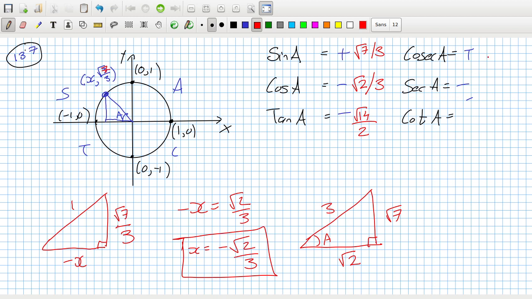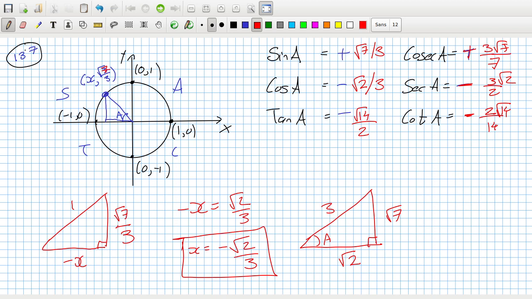And then here, that would be positive 3 over root 7, but we multiply above and below by root 7, so that would be 3 root 7 over 7. This would be negative 3 over root 2. And then this would be 2 over root 14.